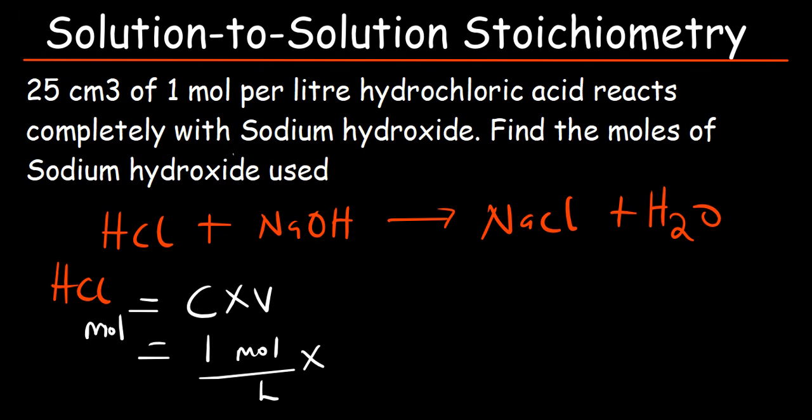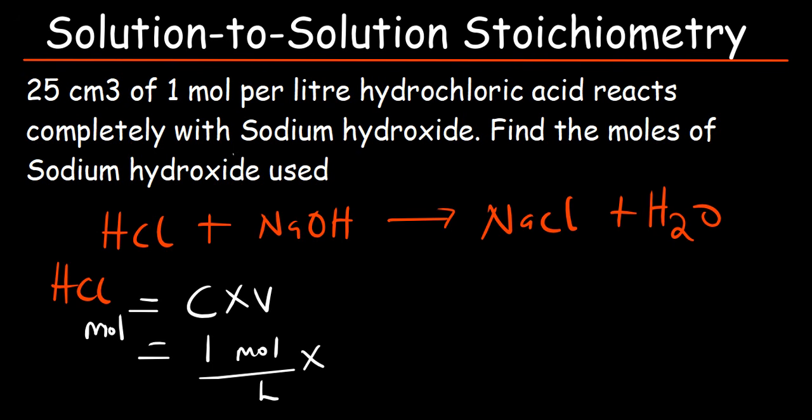The volume we've been given is 25 cubic centimeters. What are you going to do to that 25? You have to convert it to liters, so it will be 25 divided by 1,000. This will give us 0.025 liters. That is what I'm going to put as the volume there.